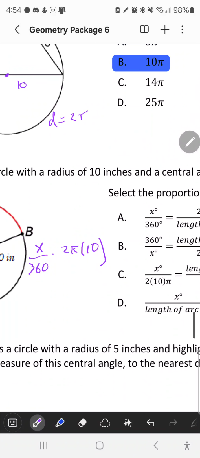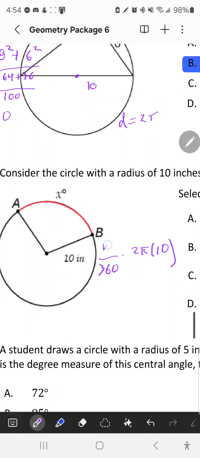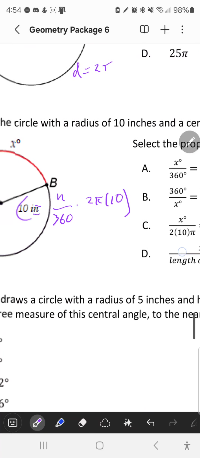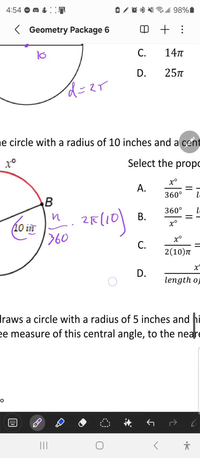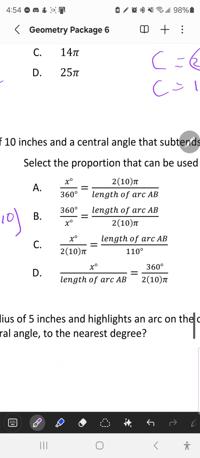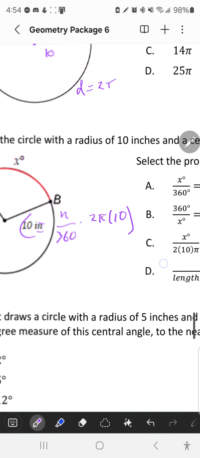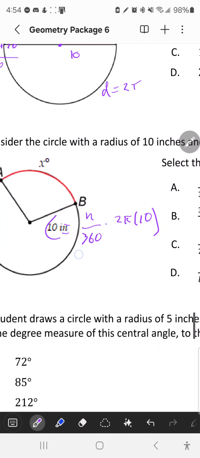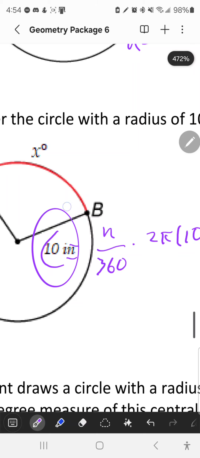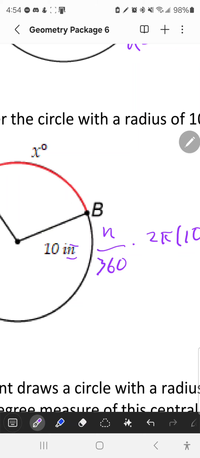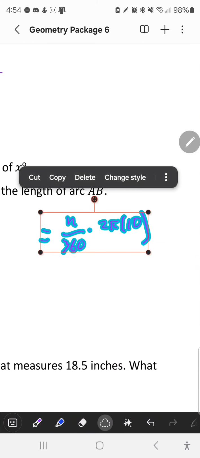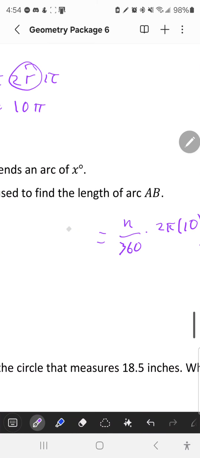I'm looking here, and okay, they have it in a different way. I have the circumference equal to this, but they have it like a proportion. Basically, what I'm saying is that this is the length of the arc right here. So C, the circumference of the arc, which is the length of the arc.